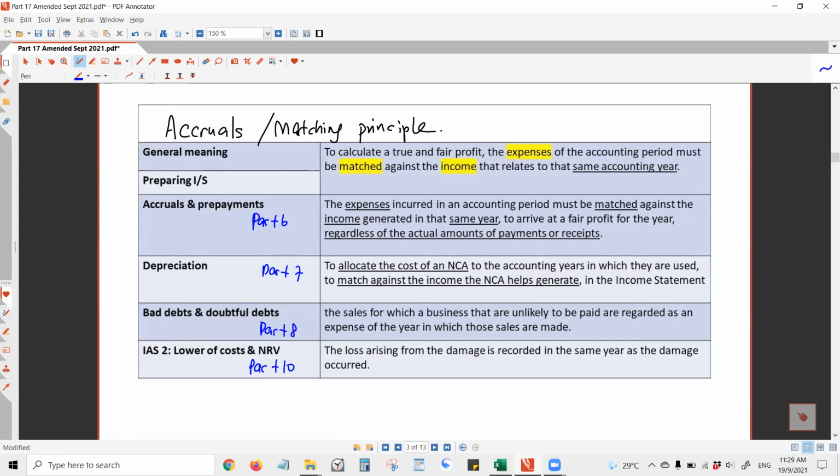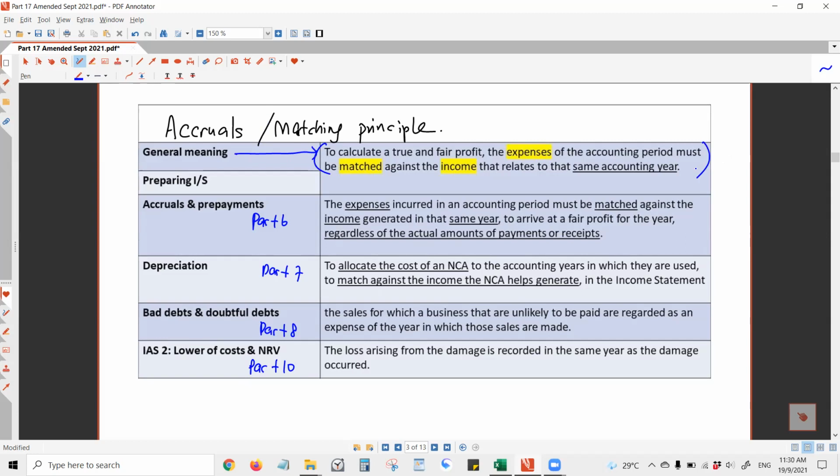Once again, the first row of the table gives you the general meaning. If they simply ask you what is meant by accrual principle, then you just tell the meaning of this principle itself. So the general meaning answer is here. Another kind of question they may ask you is, so once again, accrual principle, you have seen it many times.